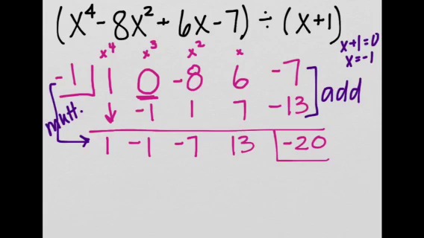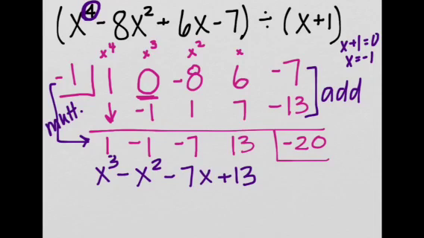Okay? So I now have the coefficients for my final answer, remembering that I started with x to the fourth, so that my final answer is going to be an x to the third. So this is x to the third minus x squared minus 7x plus 13. And you'll notice in this problem, I have a remainder.